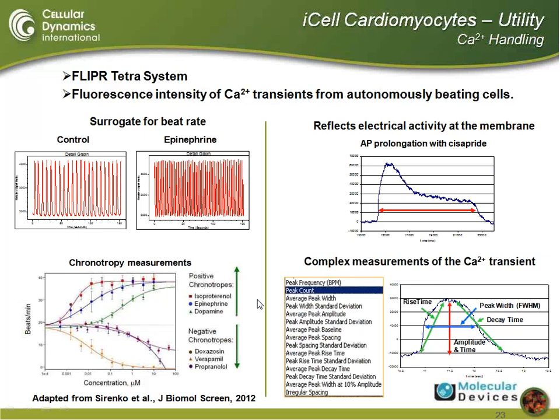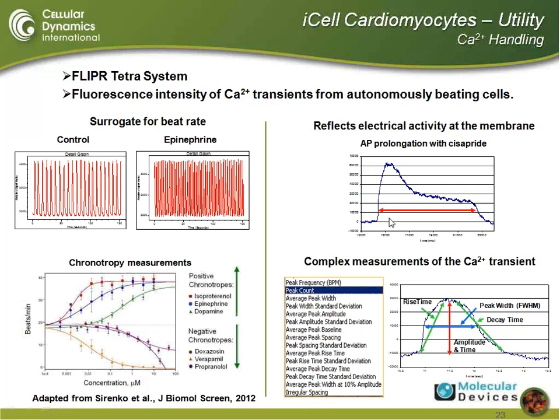Sticking with the calcium fluorescence, some recently published data as well on the FLIPR Tetra system by Molecular Devices, Sirenko et al., looking at the iCell cardiomyocytes for chronotropy measurements. So looking at the adrenergic isoproterenol and epinephrine increasing the beat rates, as well as all the compounds expected to decrease the beat rates, decreasing the beat rates.